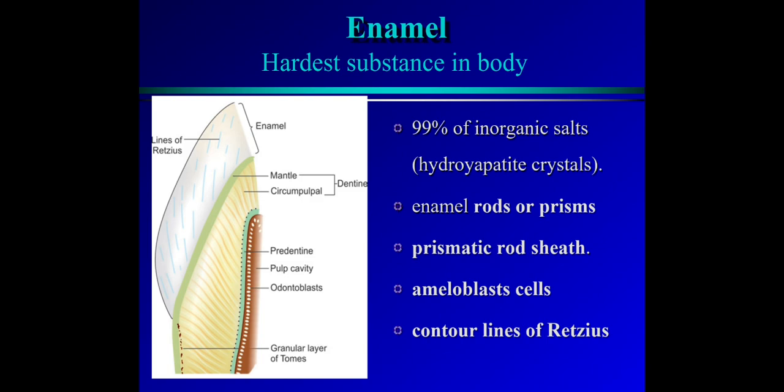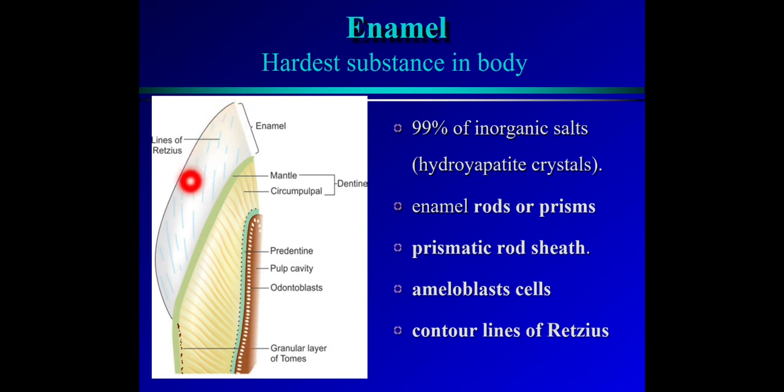Once these ameloblast cells deposit the enamel, the formation of the enamel occurs in lines at right angles to the dentine tubules and right angles to the hydroxyapatite crystals present in the form of these rods.